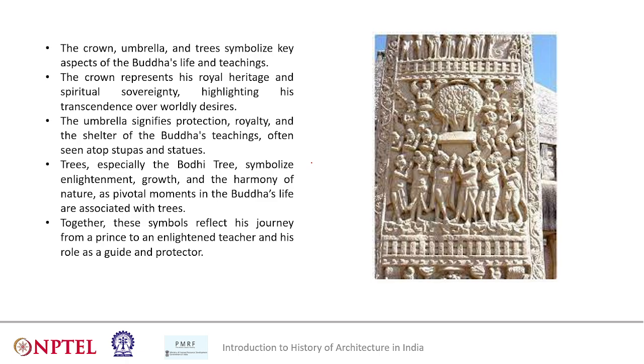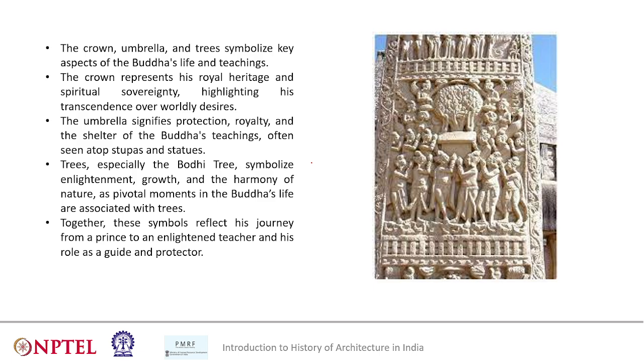But he left everything and came for achieving moksha under the Bodhi tree. So this Bodhi tree is again the representation of trees that we see. This Bodhi tree basically symbolizes enlightenment, growth, or the harmony of nature.